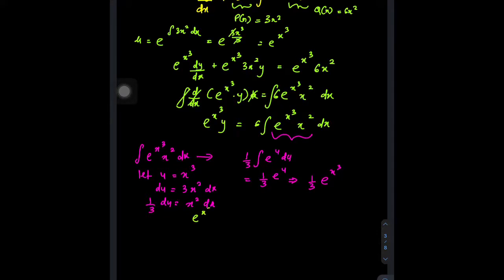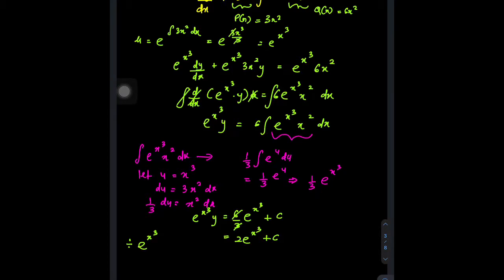e to the power of x cubed times y is equal to 6 over 3 e to the power of x cubed, and then plus c. Then you can simplify here, so you will get 2 e to the power of x cubed plus c. Then you have to put y alone, so you divide both sides by e to the power of x cubed.